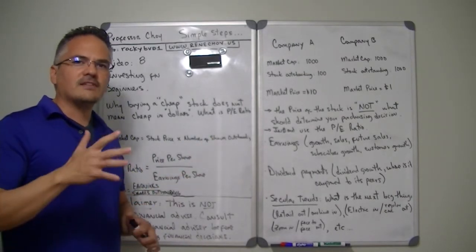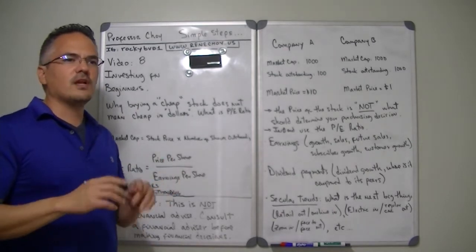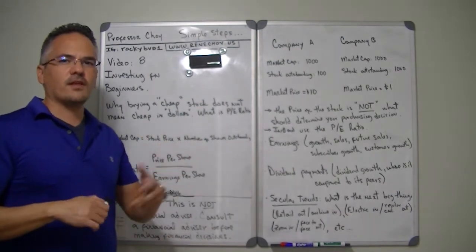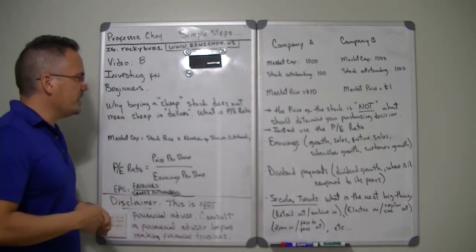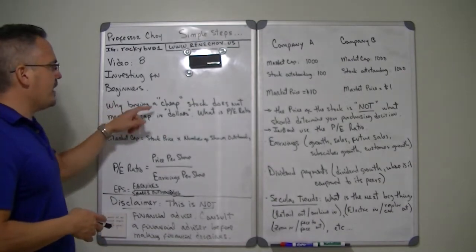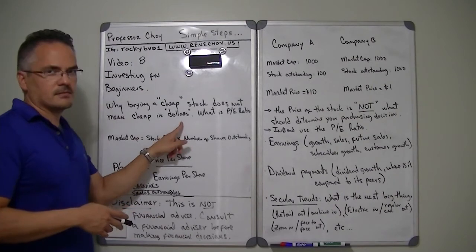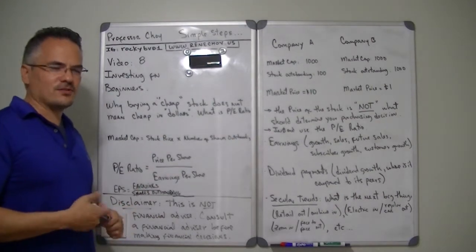Alright? So there has to be different ways of analyzing this, and price is usually not a way to look at it. There has to be more than just price. Maybe relative price. But anyway, today we're going to talk a little bit about why buying a cheap stock doesn't mean buying cheap in dollars. It actually means cheap in PE, or price to earnings ratio.